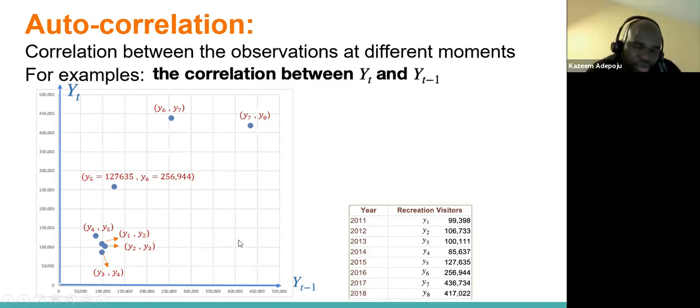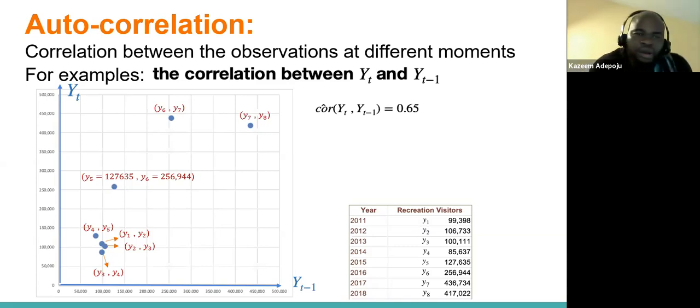It's like being able to plot the number of visitors in 2011 against the number of visitors in 2012. So you got a Y1 against a Y2 here, and so on. So that is the opportunity. What we're doing right here is an autocorrelation plot that I'm actually talking about.